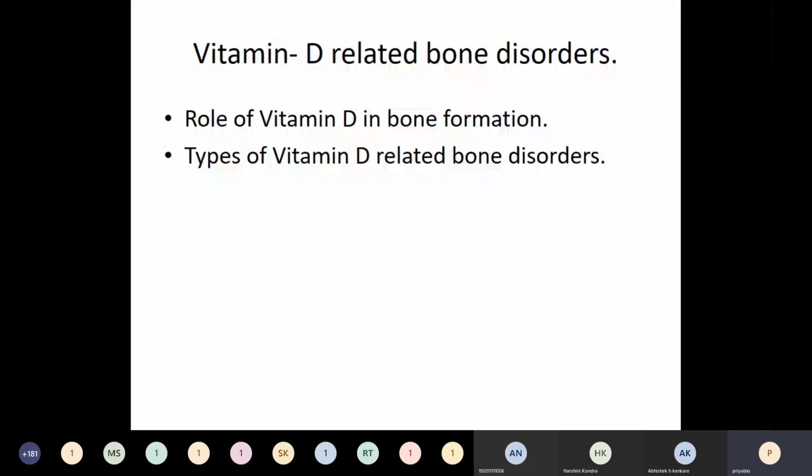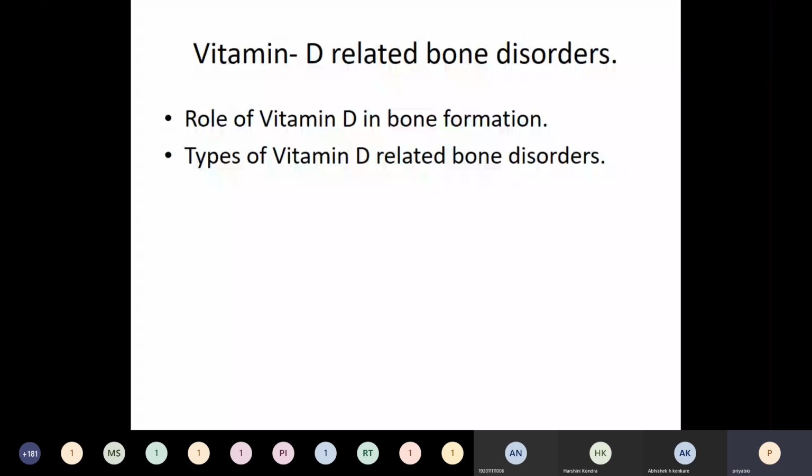These osteoblasts will take up calcium, and vitamin D indirectly promotes the absorption of calcium. You know the mechanism. So it activates osteoblasts, remodeling of bone and mineralization of the bone. Briefly, you have to write how vitamin D helps in bone formation.